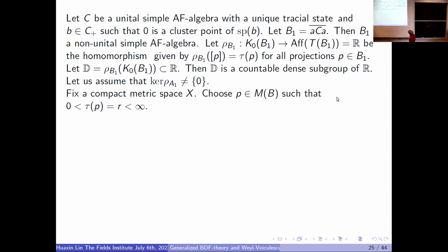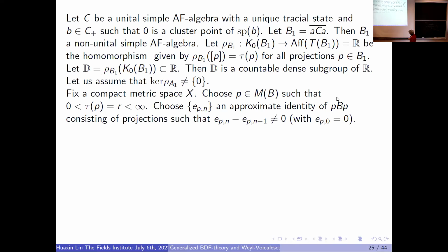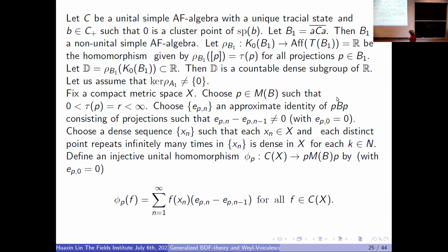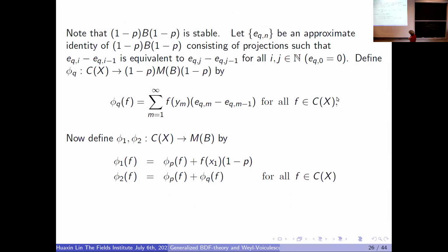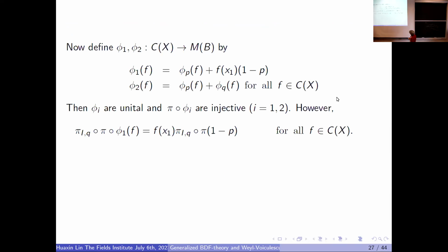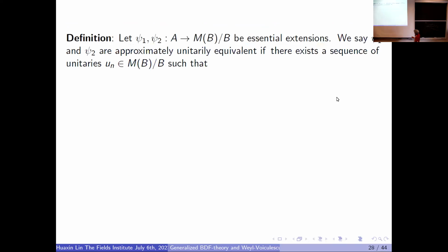This is also an example I'm trying to give, but let me just pass on that. You sort of believe me from this picture, because there is an extra quotient. They are not necessarily the same.